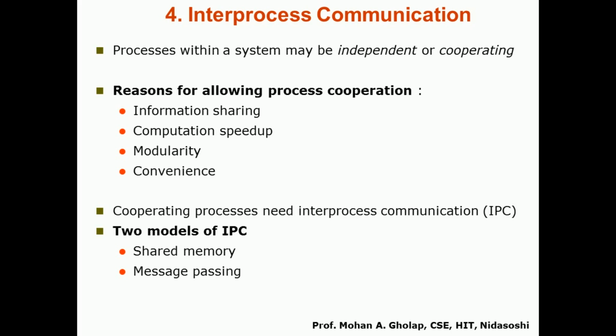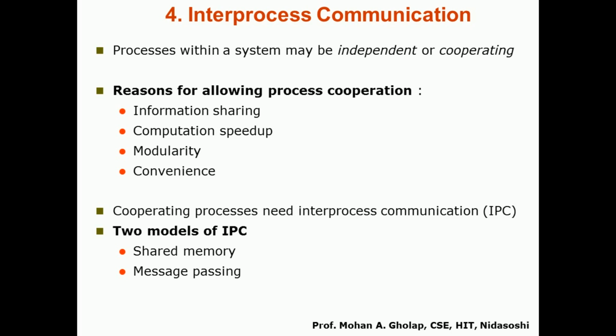In this case, as you have cooperating processes, the task itself can be divided into small subtasks, and those subtasks can be assigned to different processes, so that all the processes execute the subtasks in parallel, and at the end you get the result in less time compared to executing the task by a single process. This is the second reason, computation speed up.